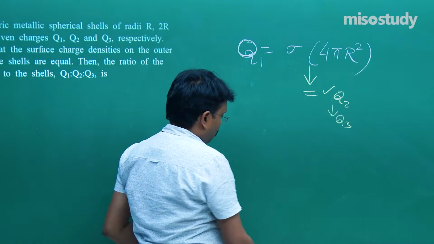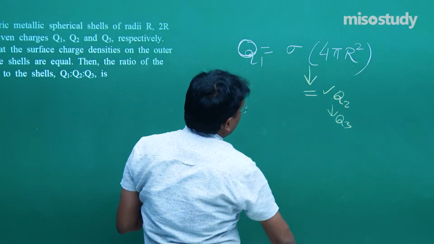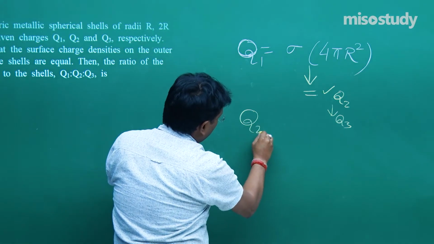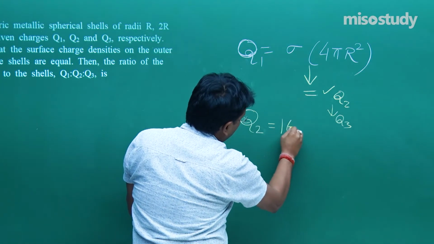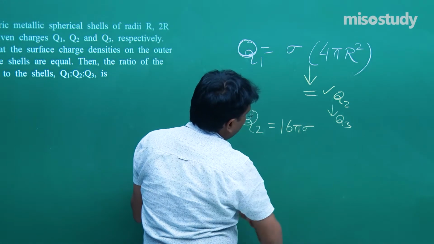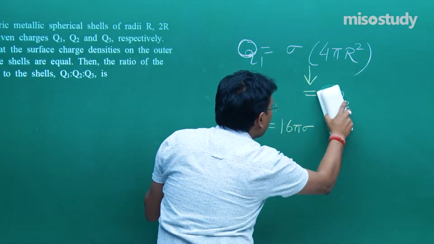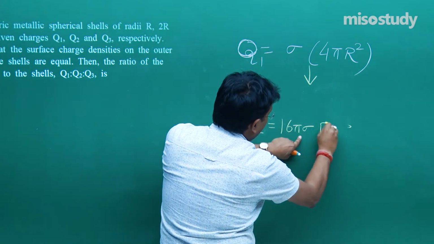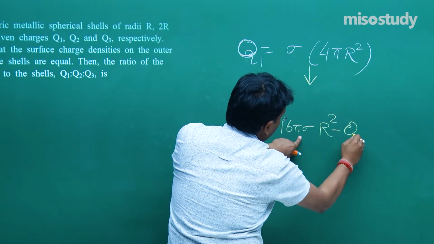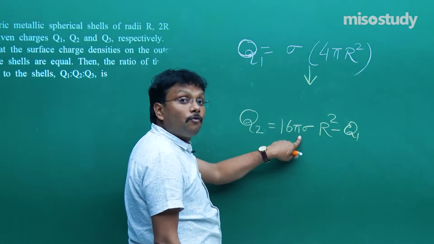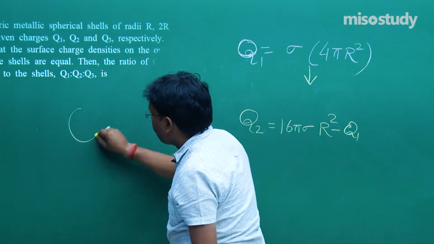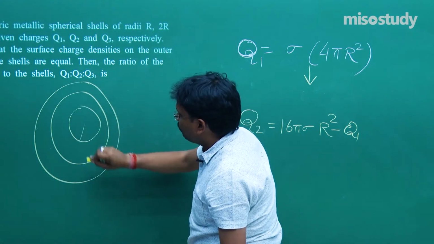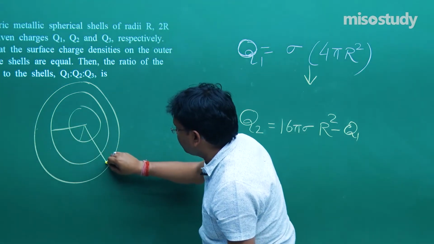Fine. So rather than writing down all these terms, now simply I can say Q2 is equal to 16 pi sigma r square minus Q1. Why? Okay. 1, 2, 3. Fine. This is one radius, this is second radius, this is third radius.